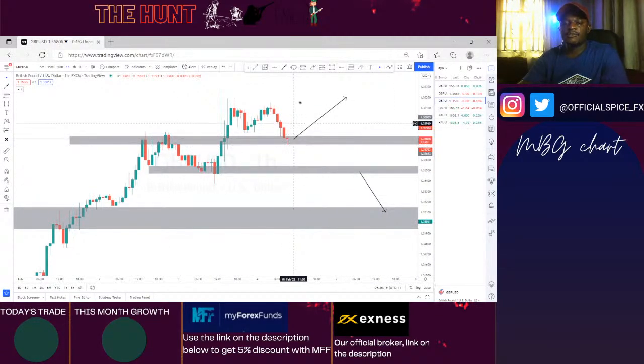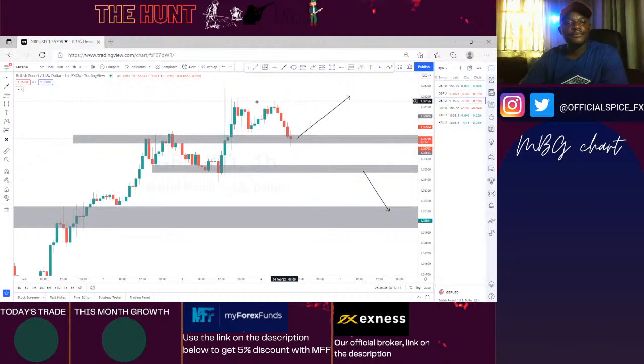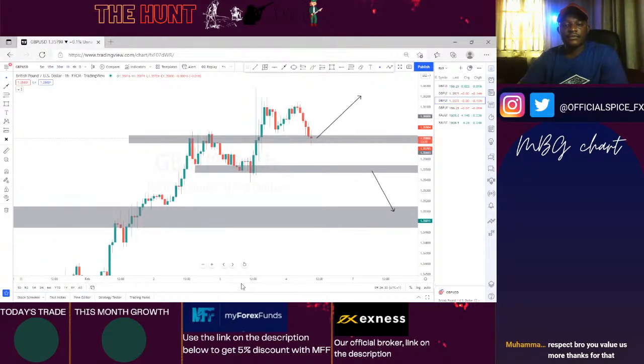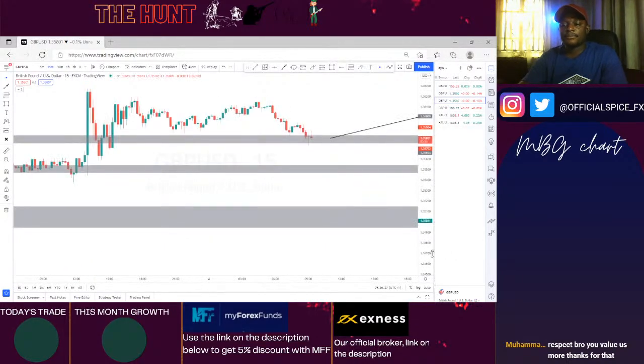This is a nice point to look for buys right here, probably if you have an engulfing candle right here. I love to do it here.